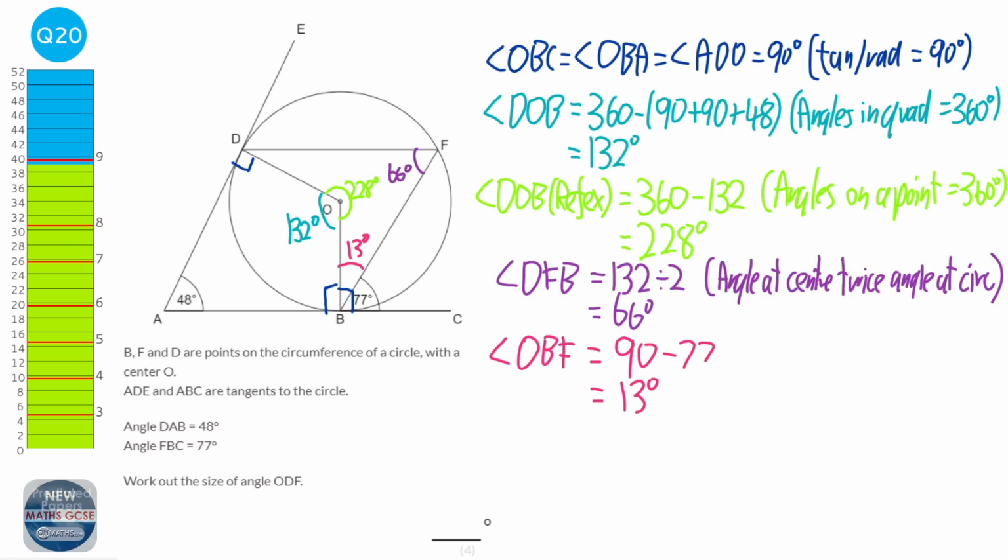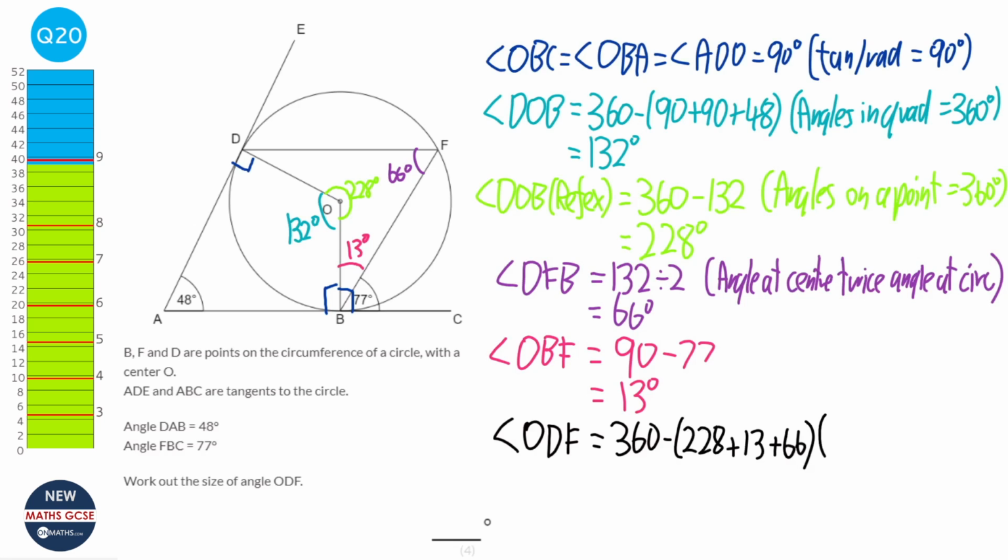And the final thing really here is that we've got a quadrilateral, kind of arrowhead, and we've got three of the angles, 1, 2, 3, and we're looking for the third one. So angle ODF is going to be 360, take away all the angles that we know, so the 228, the 13, and the 66.